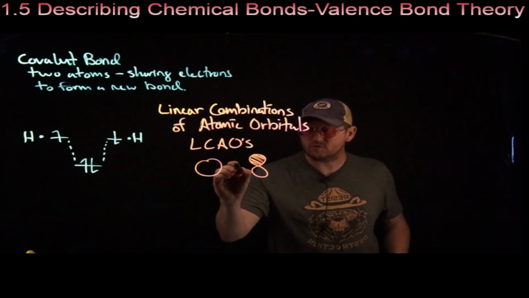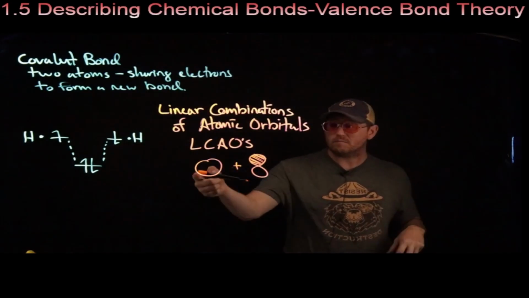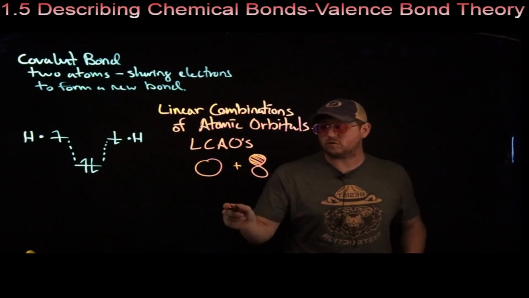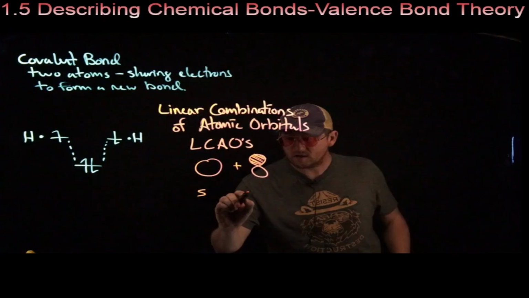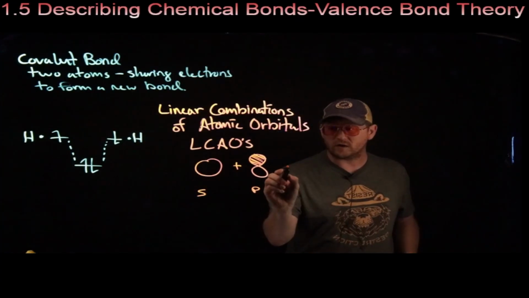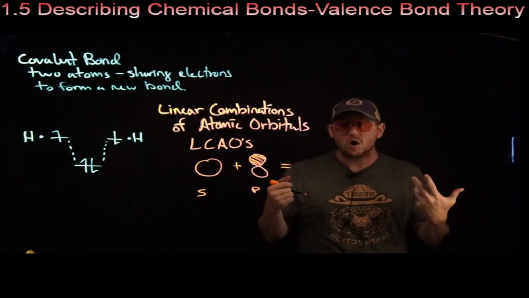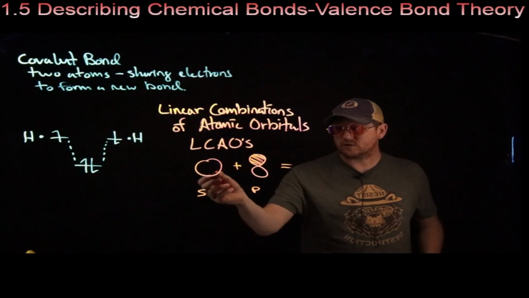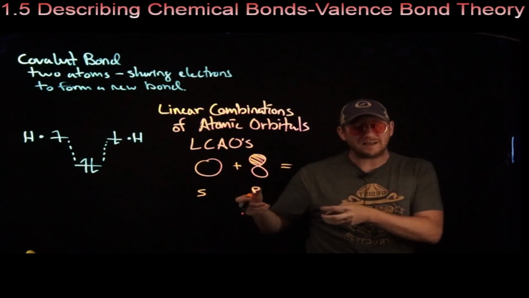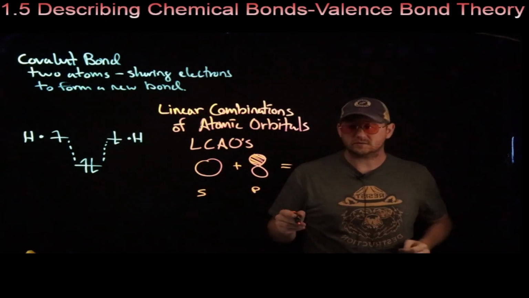But if we were to show a bonding motif between these two forms, where we have an s orbital and a p orbital, and we want to show how they are bonded together, effectively what we're going to do is we're going to add the like shaded circles.